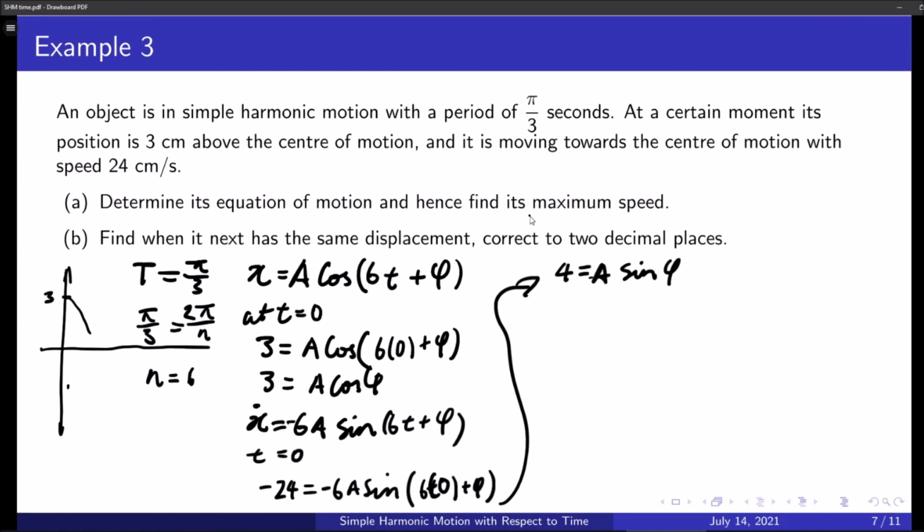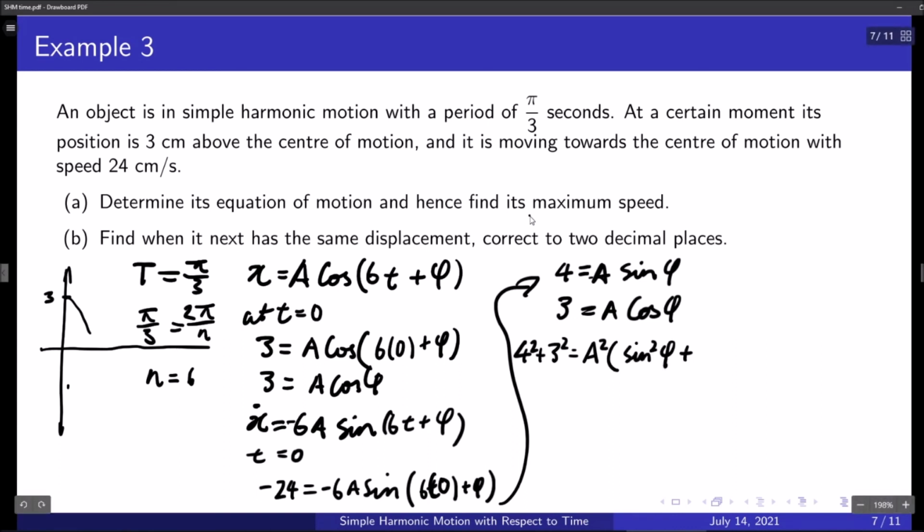Okay, that's good because now we have two equations: 4 equals a sine phi and 3 equals a cosine phi. Now to find a, we can simply square both of them. So 4 squared plus 3 squared equals a squared times sine squared phi plus cosine squared phi.